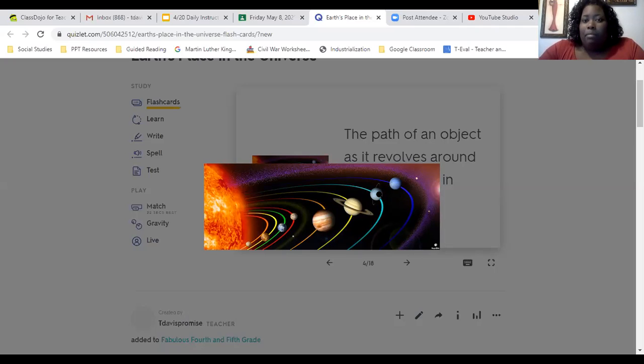Terrestrial means has land mass. The gas giants don't have as much land mass. They do have a surface though, and they also have an orbital path.